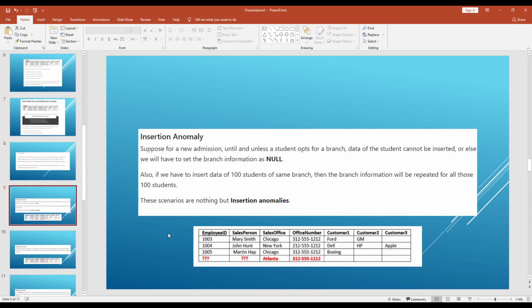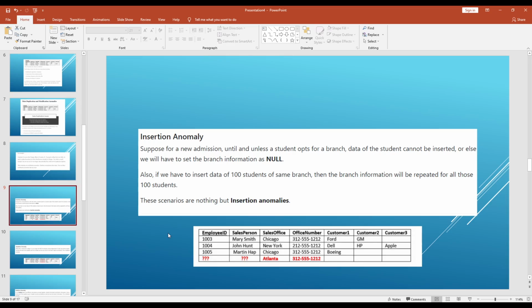An insertion anomaly is the inability to add data to the database due to absence of other data. For example, assume student group is defined so that null values are not allowed. If a new employee is hired but not immediately assigned to a student group, then this employee could not be entered in the database.